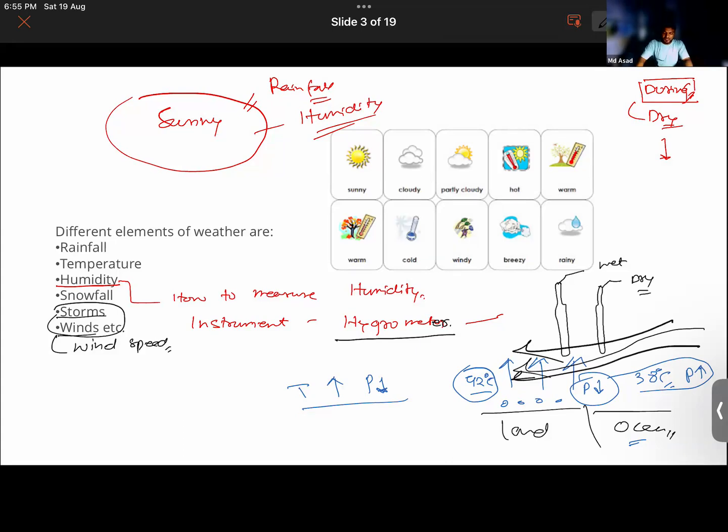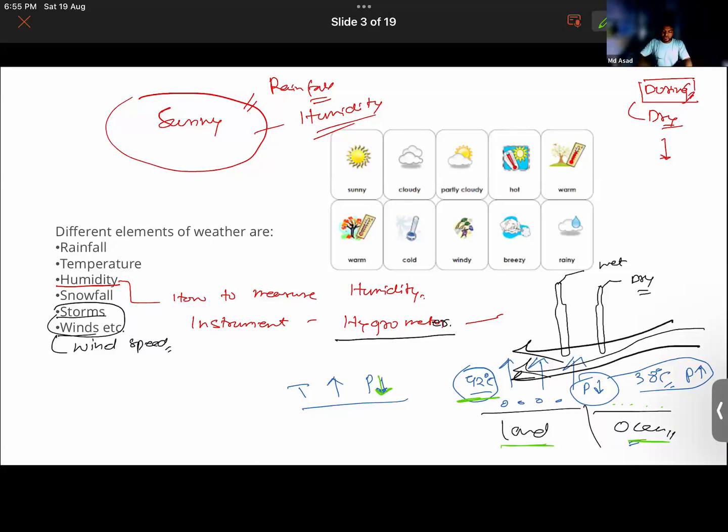Yeah, sure. Look here, what is happening? On the land side, let's say we have assumed the temperature of the air is 42 degrees Celsius. What does it mean? If the temperature is high, pressure is going to be lower. Now, on the ocean side, water heats up very slowly compared to the land surface, so the air above the ocean is also getting warmer, but comparatively slower.